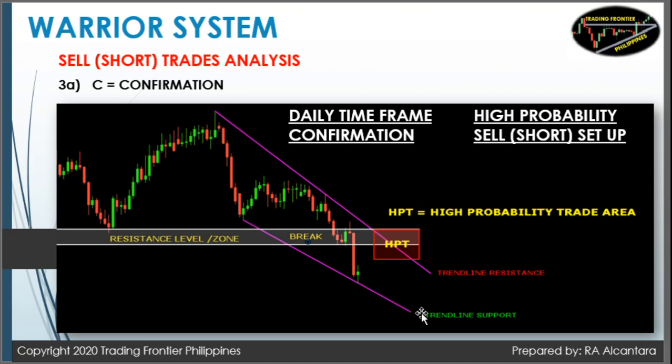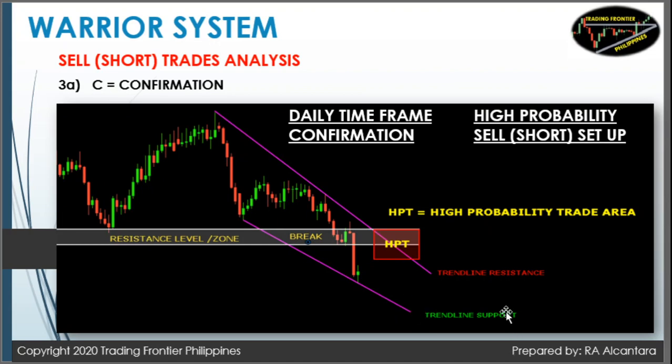Hindi kung saan. Kasi, if you are on that area, definitely, you are on a higher chance of winning the trade. Okay? So, you have to know your HPT zone prior to taking a trade based on your setup, based on your Warrior system rules. So, you have to follow TLCE para mag-materialize yung setup.